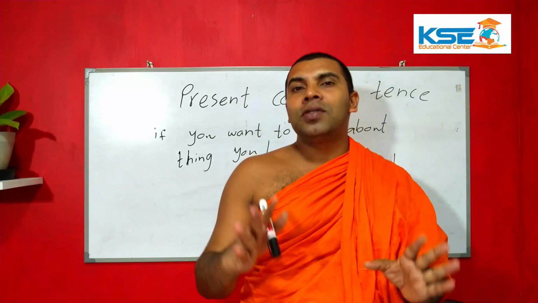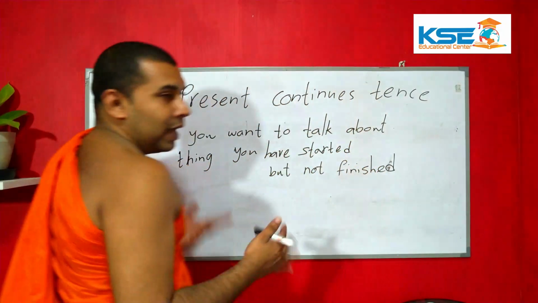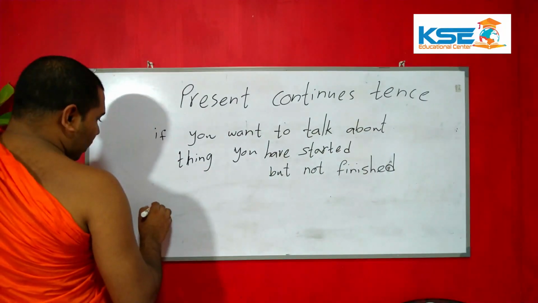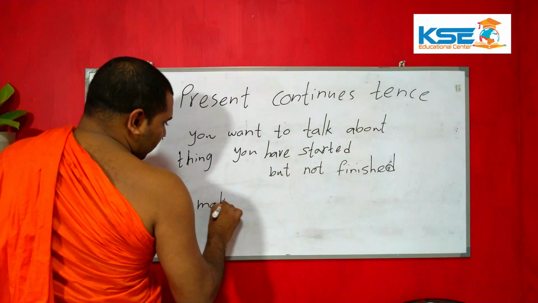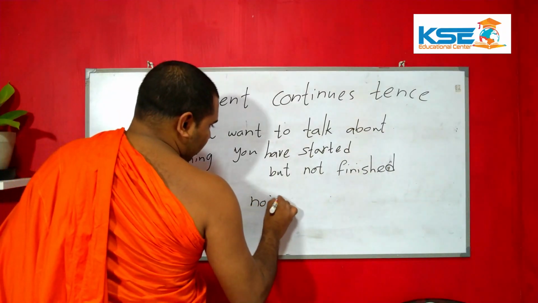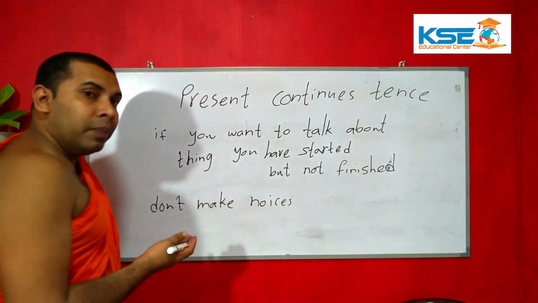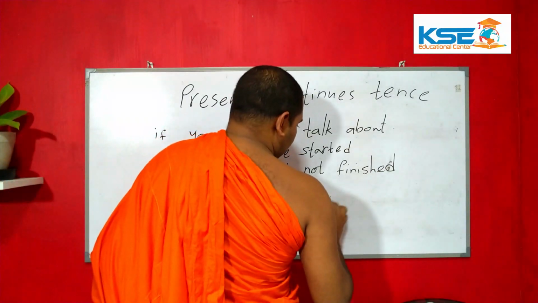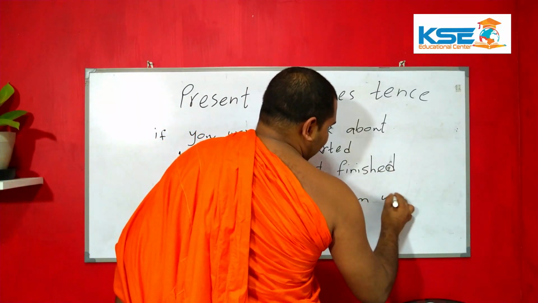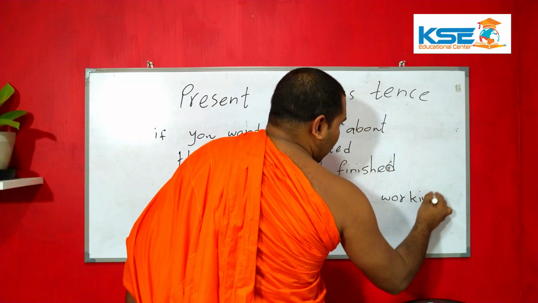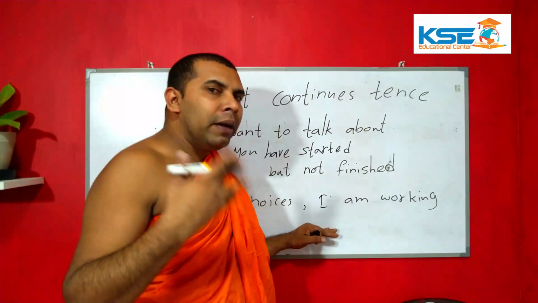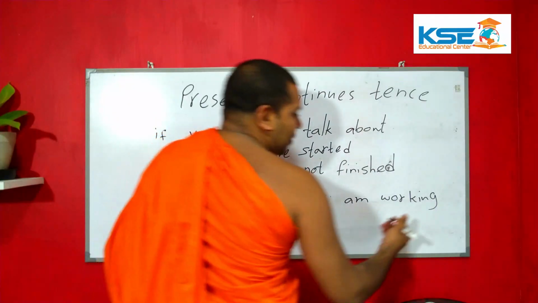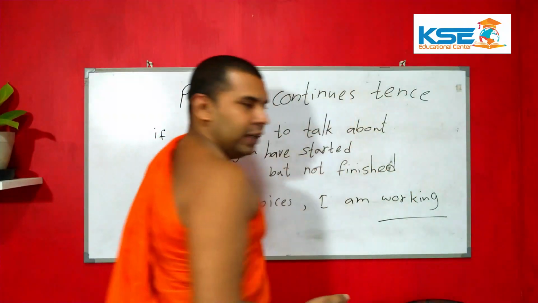to talk about those things we use continuous tense, just like this. Don't make noises. I'm working. I'm working means you have started your working process and you haven't finished it.